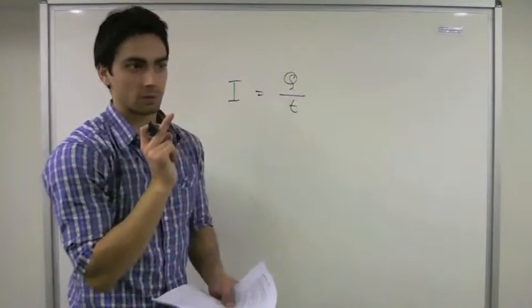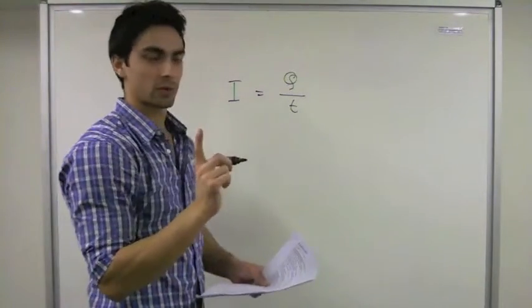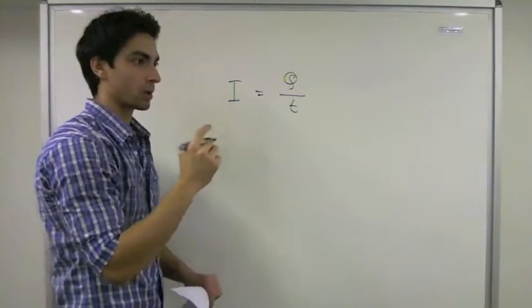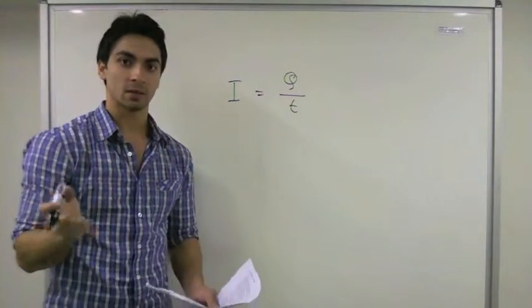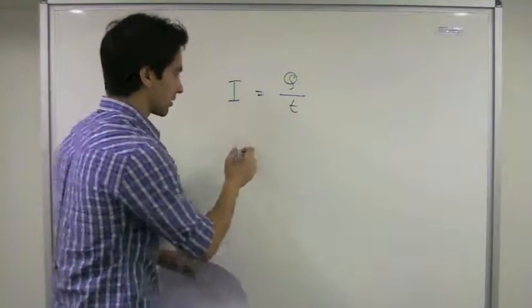However, this is not a formal definition of current. The formal definition of current, or an ampere for example, has to do with the force per unit length between two parallel current carrying conductors.